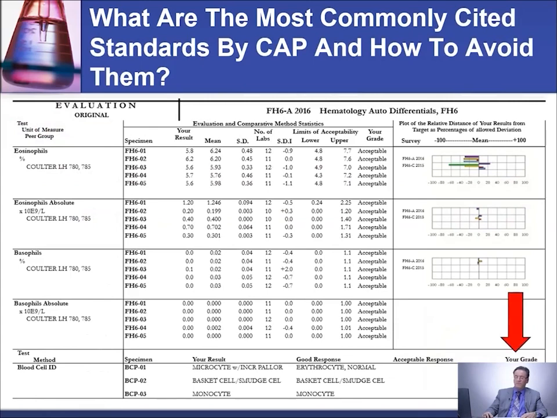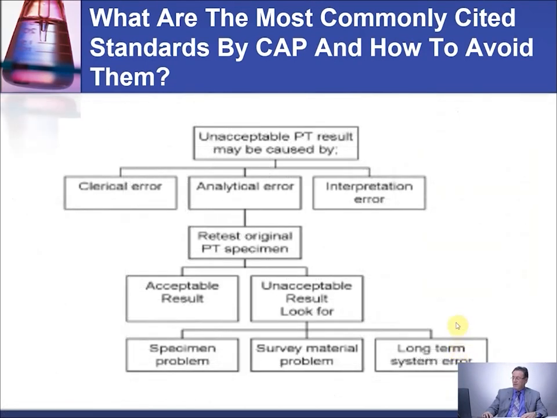So usually if you print your PT evaluation report in color, the unacceptable result will be in red. Okay, but this is how it looks like. To summarize the investigation of the unacceptable PT, if you get an unacceptable PT result, it may be caused by one of 3 things: clerical error, interpretation error, or analytical error.